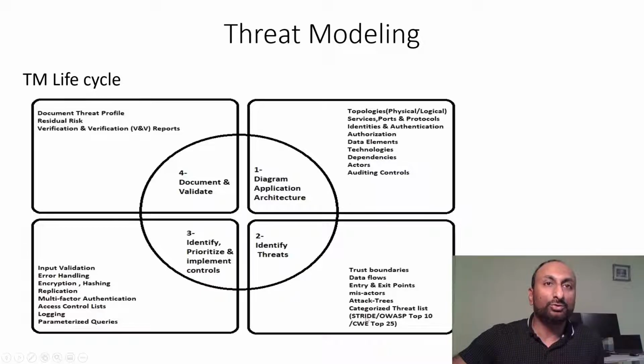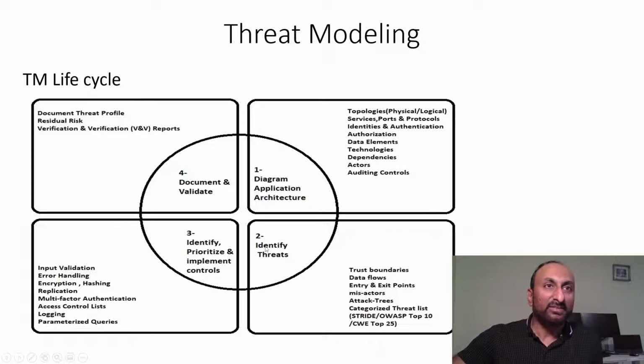STRIDE is one of those well-known categorized threat lists. Instead of using STRIDE, we can also use the OWASP Top 10 threat list. Alternatively, we can also use the CWE Top 25 threat list.